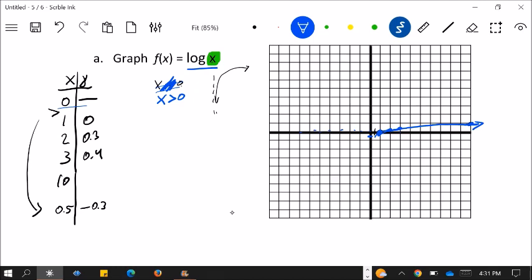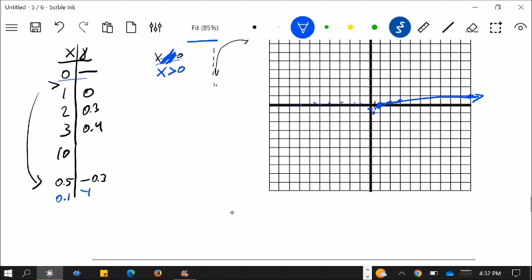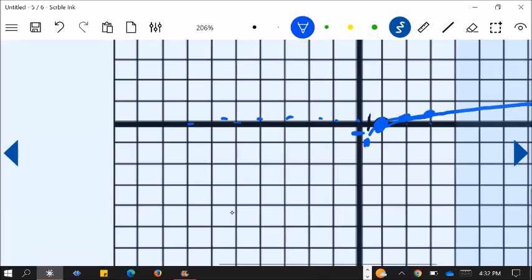Well, let's go really close to 0. Let's go 0.1. Okay, so the log of 0.1 is a negative 1. So that means we've gotten to negative 1, right about here. So we're getting down like this.